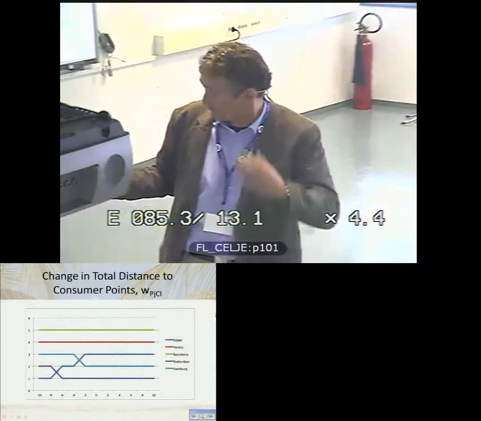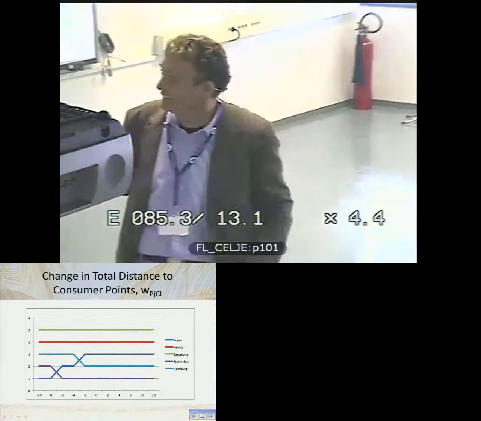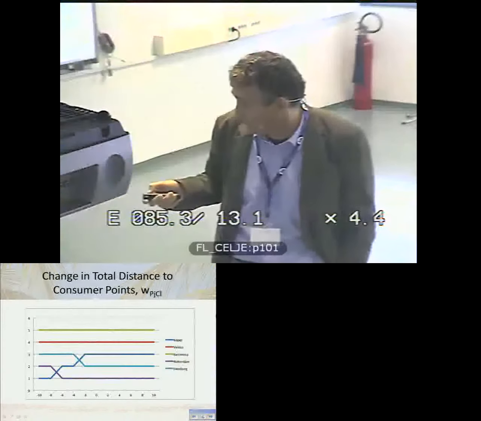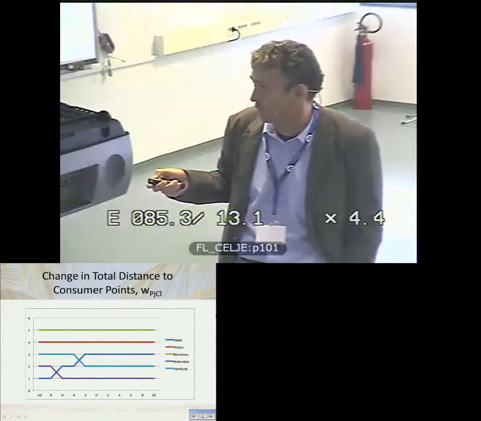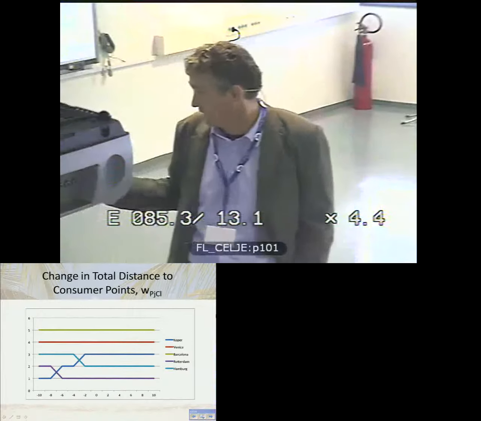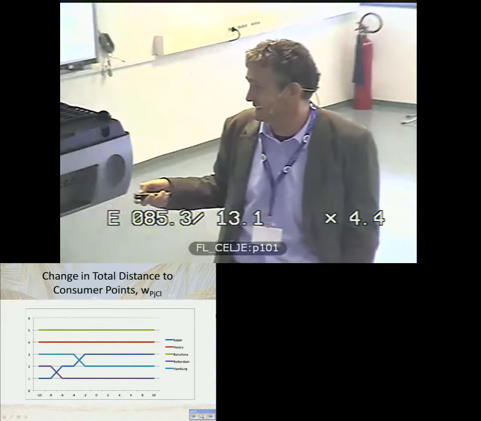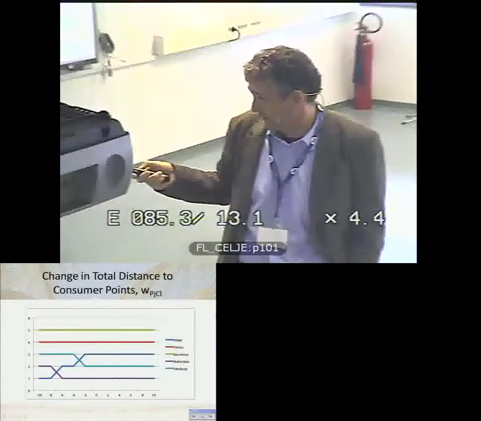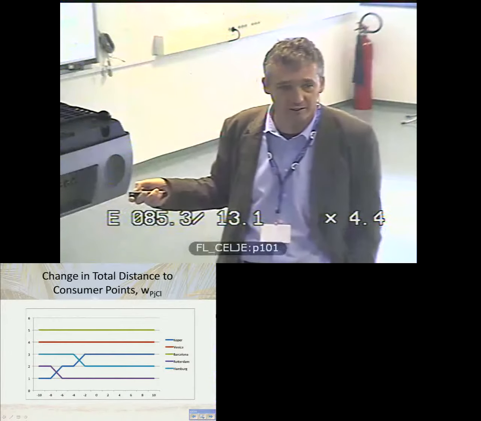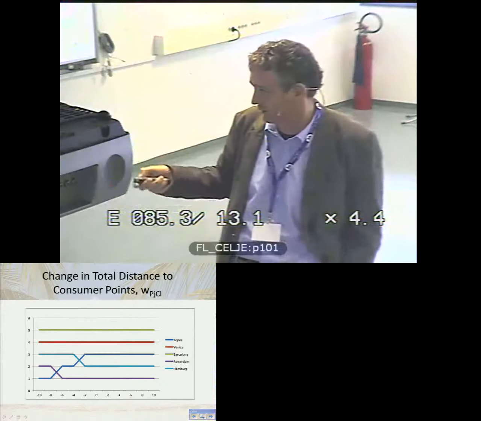Okay. What about total distance to consumer points? As we see from the picture, that means from destination port to consumer points, this parameter also has quite a big impact on the ranking.